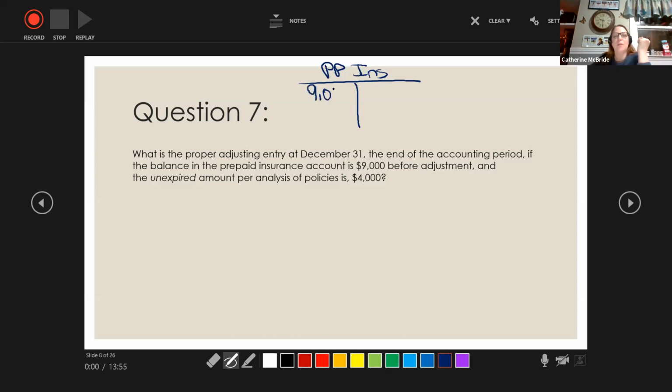So we have $9,000 that we started with. And at the end of the year, the unexpired part is $4,000. That means the unused part, or the part we still have in the account, is $4,000. So how did I get from $9,000 to $4,000?